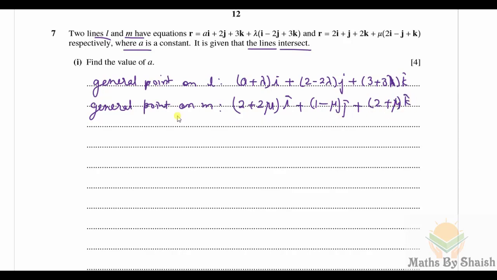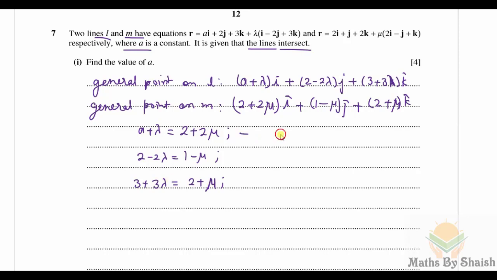So if these lines are intersecting, it means we can equate them for some particular lambda and mu: a plus lambda should be equal to 2 plus 2 mu, and the second one is 2 minus 2 lambda is equal to 1 minus mu, and the third one is 3 plus 3 lambda is equal to 2 plus mu.